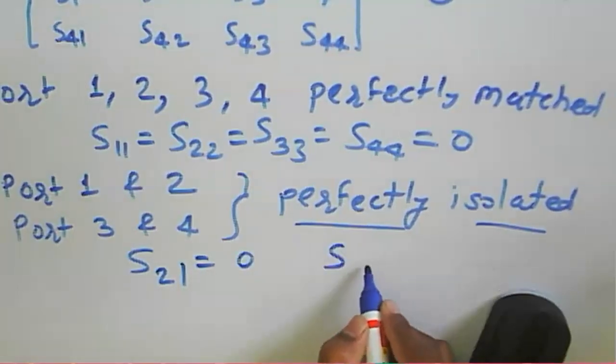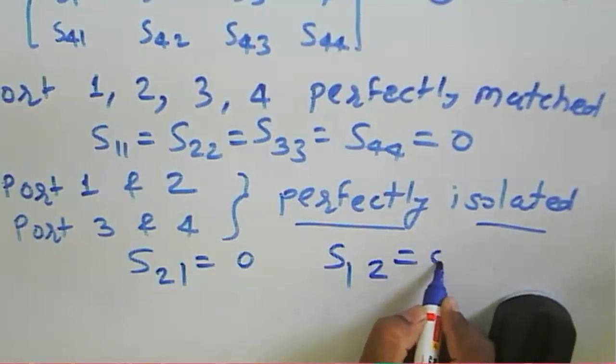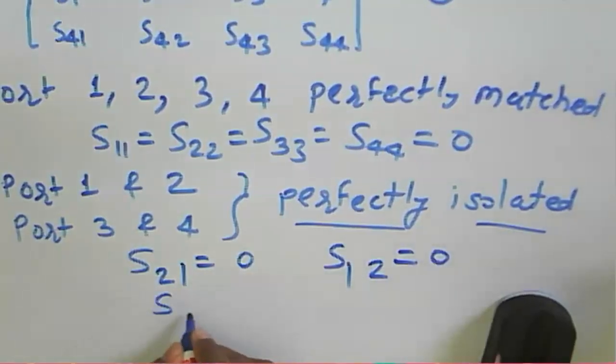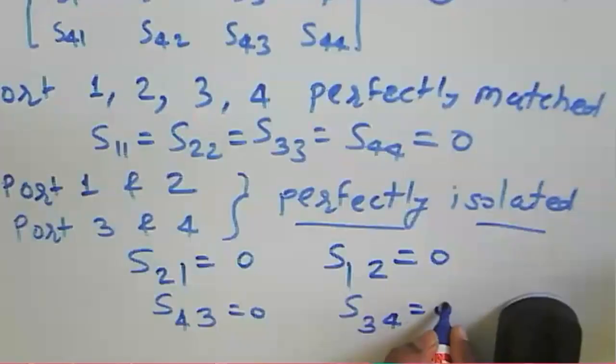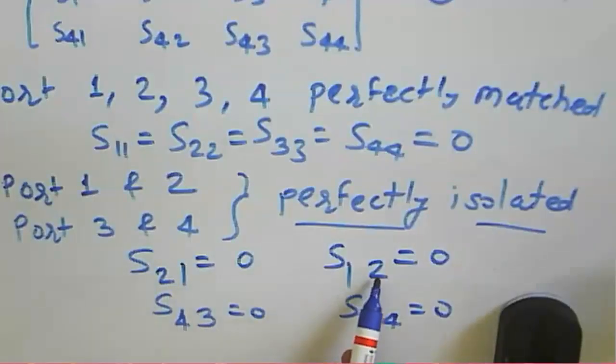Or input to port 2, output at port 1 is again 0. Or input to port 3, output at port 4 is equal to 0. Input to port 4, output at port 3 is 0. This means S21, S12, S43, and S34 are all equal to 0.